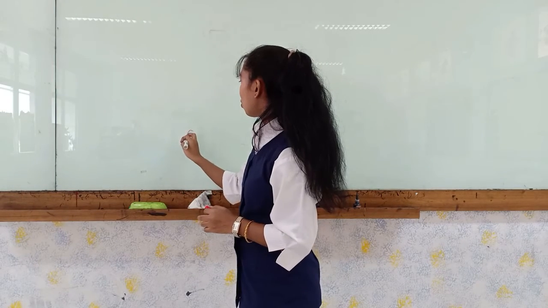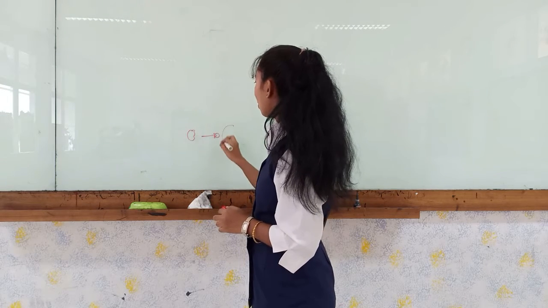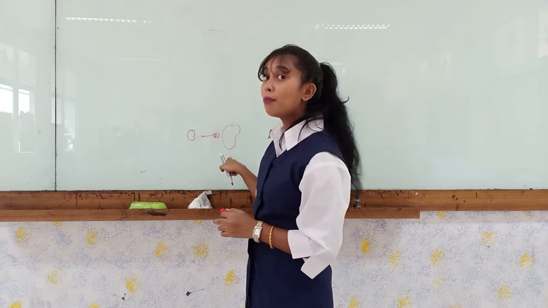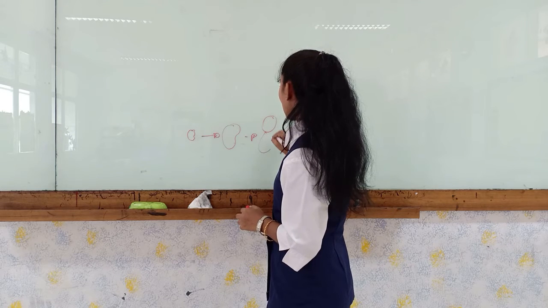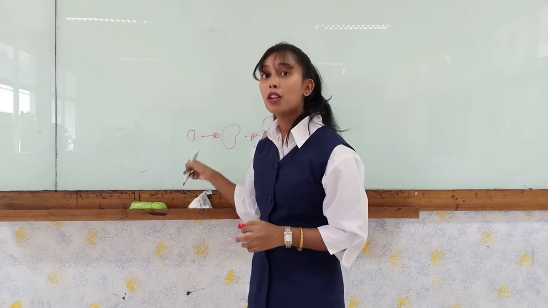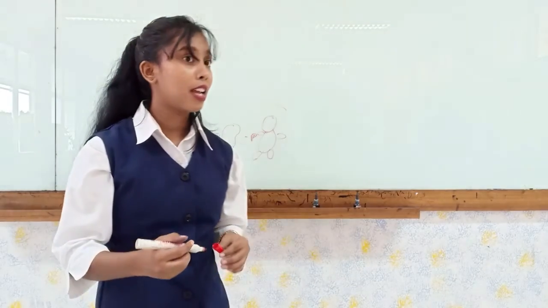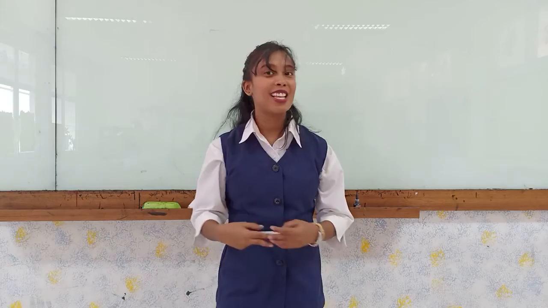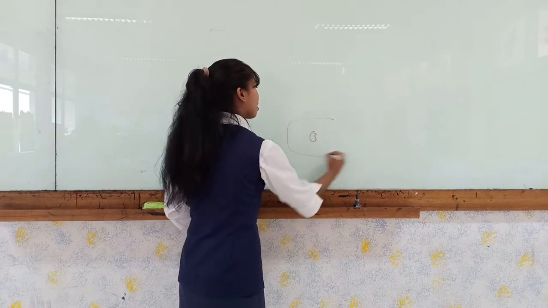This zygote will develop into an embryo, an undeveloped baby, and then it becomes a baby. All this process happens inside the female body, but it is different for external fertilization, because fertilization happens outside of the female body. The development of the baby happens outside of the body of the female animal.